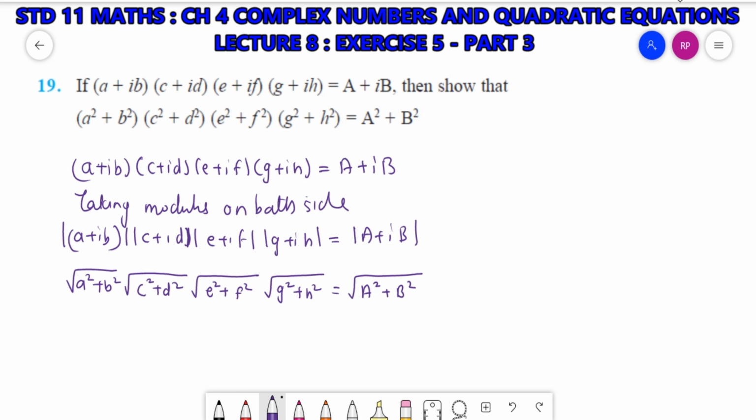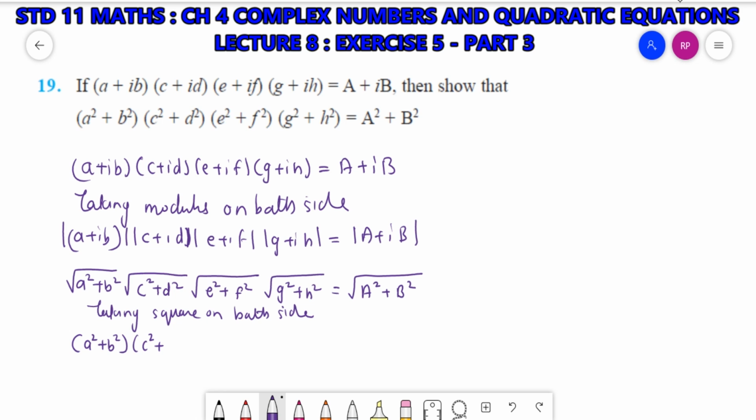Okay, so now taking the square on both the sides. We have to remove the root, because square root and square cancel.